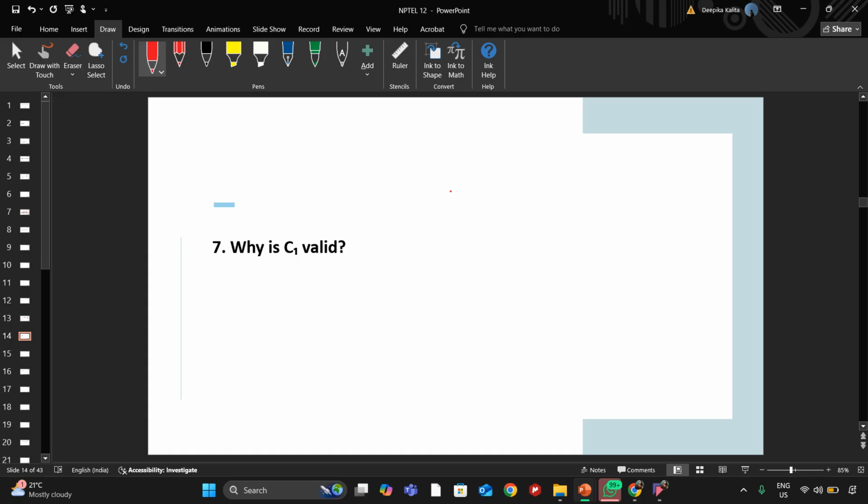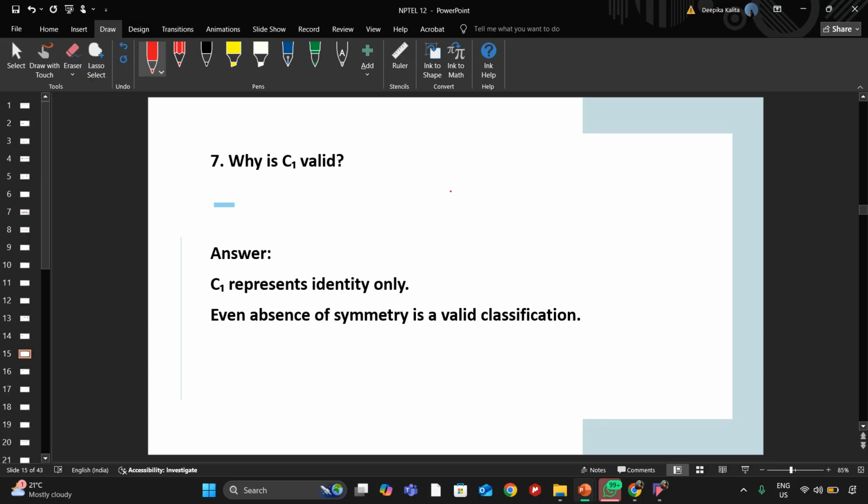Okay, the next question is again one theoretical question. Why is C1 valid? So first let's know what is C1. C1 represents identity operation. It is the lowest possible molecular symmetry containing only the identity operation.